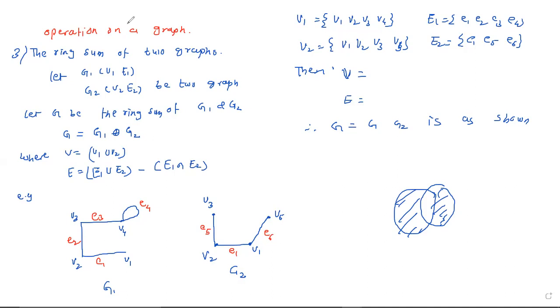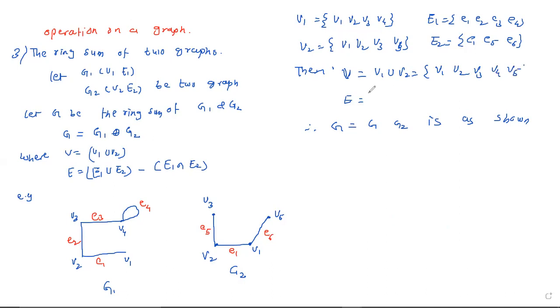You have to remember the definition in this way. So we have V1, V2, V3, V4, V5, and the edge set is E1 union E2 minus E1 intersection E2.